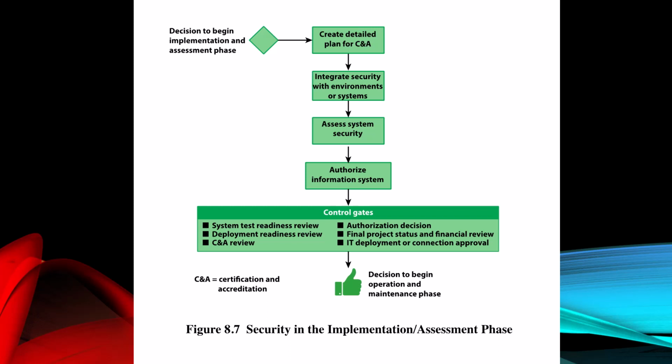So part of this was creating a detailed plan for certification and accreditation, verification planning essentially. So that CA plan is a comprehensive assessment of the management, operations, controls for the entire system that can be verified and can be processed.